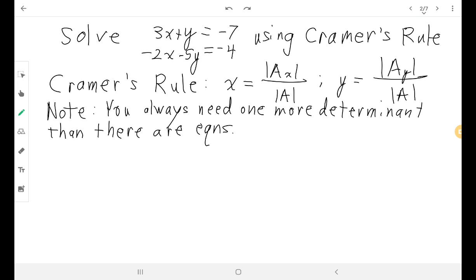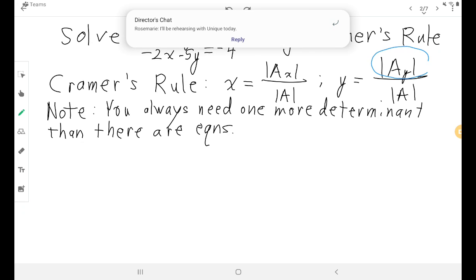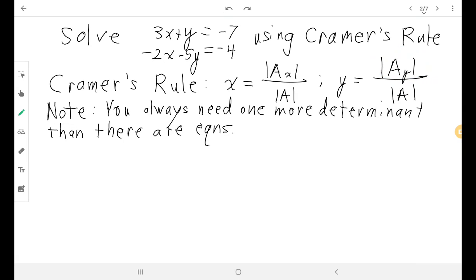And the way Cramer's rule works is we're going to create a new matrix A sub x and take its determinant. We're going to create a new matrix A sub y and find its determinant. And we're also going to have to find the determinant of A. And this A is the same A that we found before.